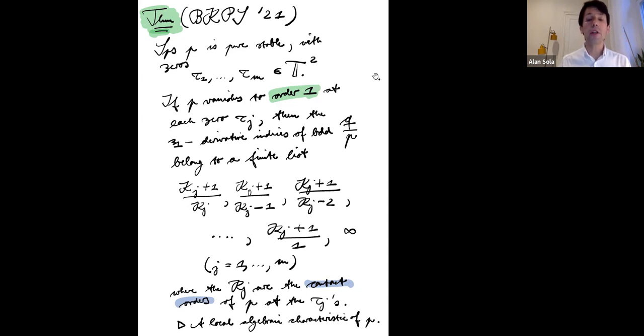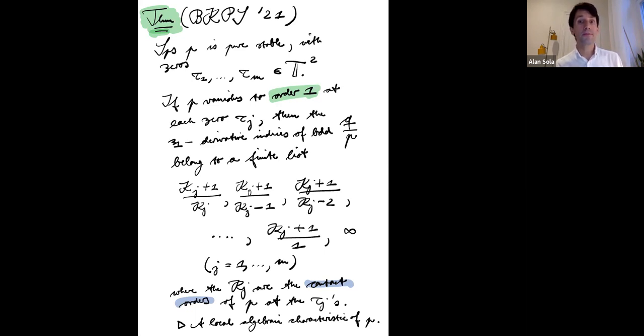Because each one of these lists is finite, and there are finitely many zeros, there are going to be finitely many of these integrability indices. What I haven't told you yet is what these kj's are. They are the so-called contact orders of the polynomial P at the zeros tau j. The contact order is a local algebraic characteristic of the denominator polynomial P.